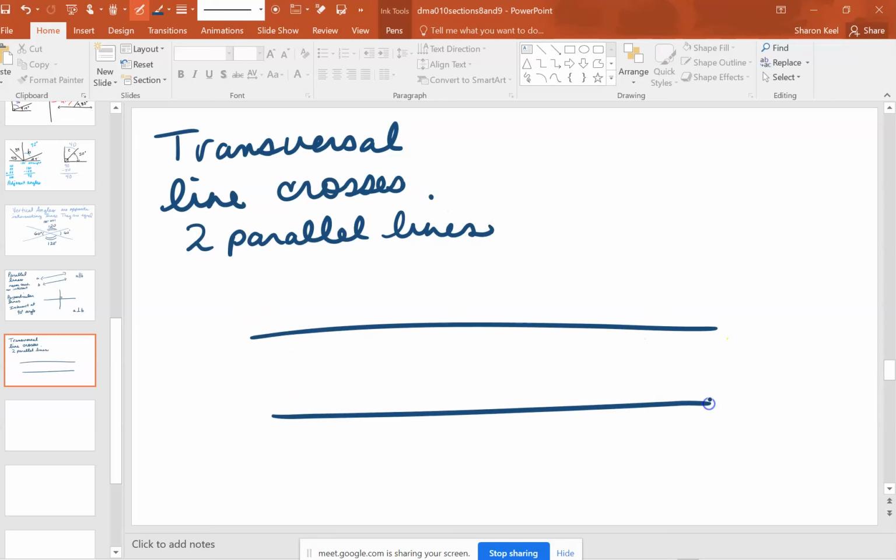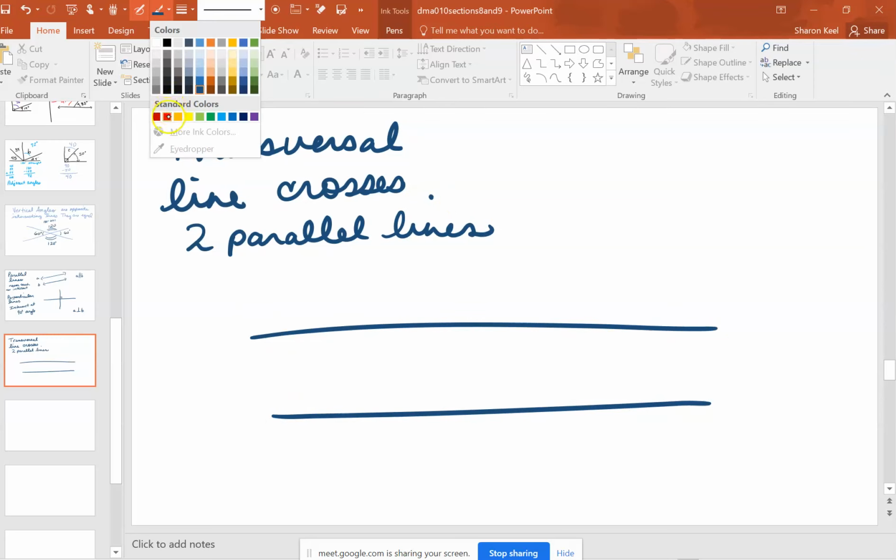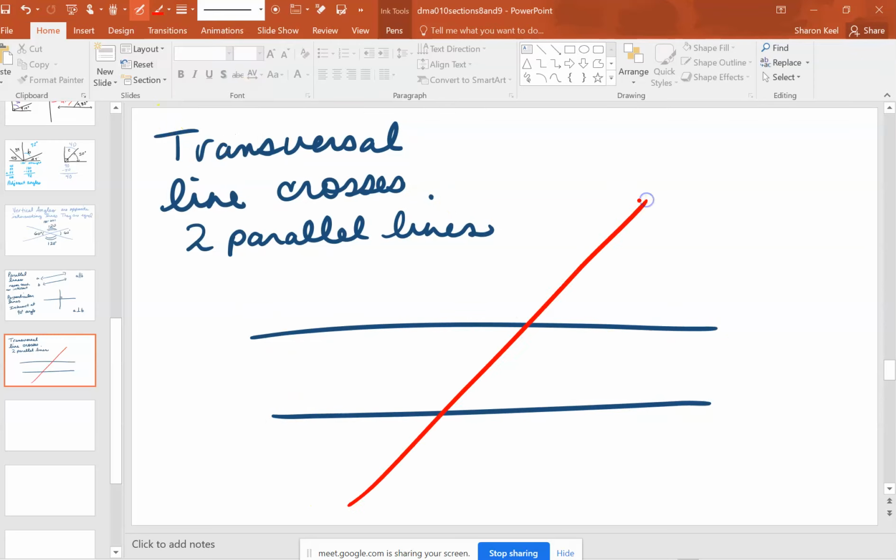So if these are my parallel lines, my transversal is going to be this. The transversal is the one that crosses the two parallel lines. We are also going to talk about two other terms. Let me finish labeling this. Two terms that are alternate interior and corresponding angles.